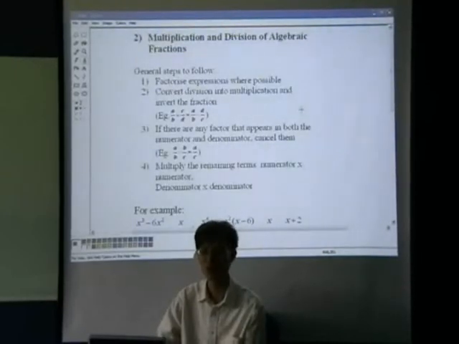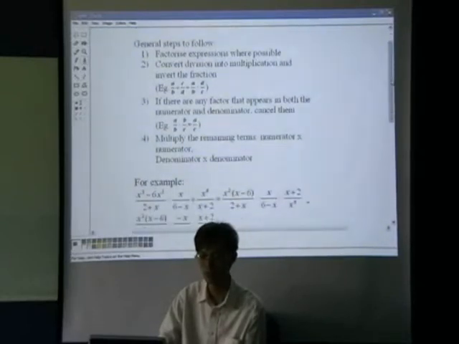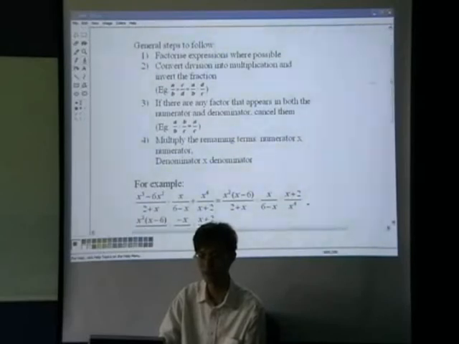The second portion of this session is multiplication and division of algebraic fractions. The general steps of doing so are: factorize expressions where possible, convert division into multiplication, and invert the fraction. For example, a over b divided by c over d we can change to a multiplication and invert the fraction to d over c.